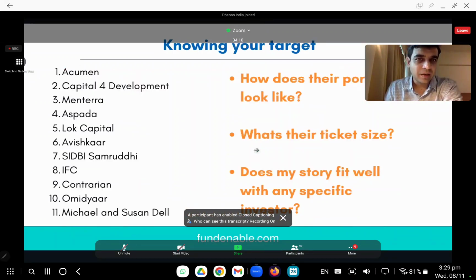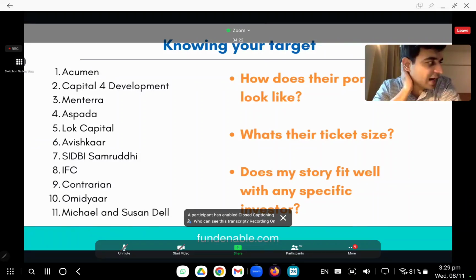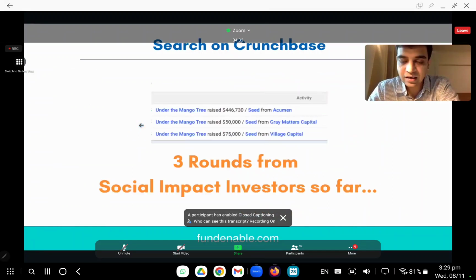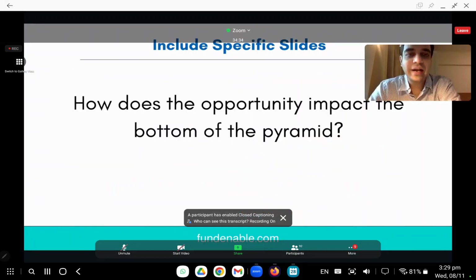So basically, what we also do at times is add or change the pitch a bit before reaching out to the investors. For example, if I'm pitching to social impact investors, my pitch deck should have a slide on how the opportunity impacts the bottom of the pyramid.